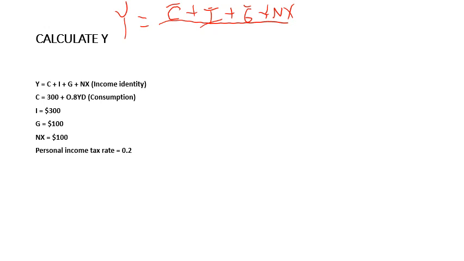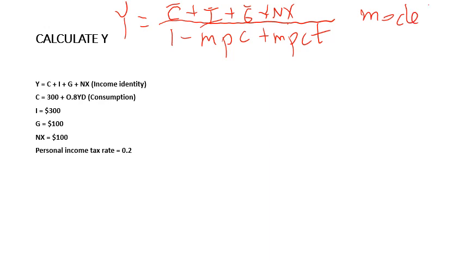And in the denominator, we have 1 minus MPC plus MPC times T. Again, this is the model equation. By model, we mean the goods and services market, the goods and services model equation. Or you remember the longer term, the Keynesian equilibrium income determination model, goods and services model for short.